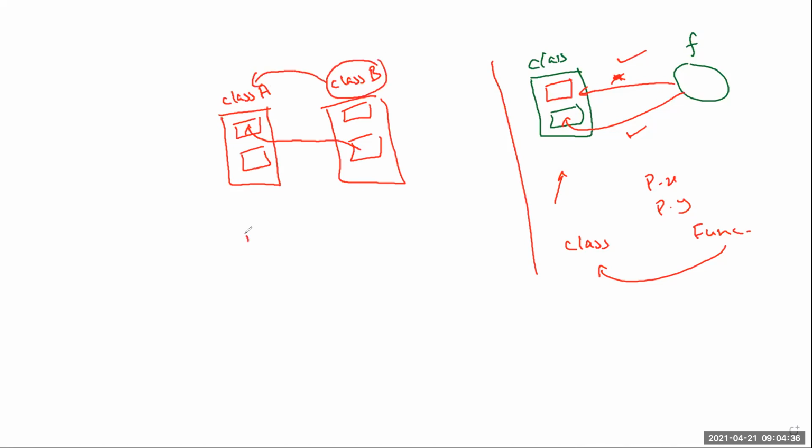So we can make class B a friend of class A. Now when you do that, all the member functions of class B will be able to access private data of class A using the dot operator, just like it was happening in the case of functions. The only difference is that you are making a complete class a friend of another class, so all the member functions of that class would be able to access the private data.